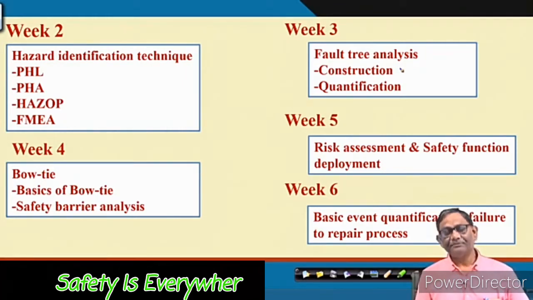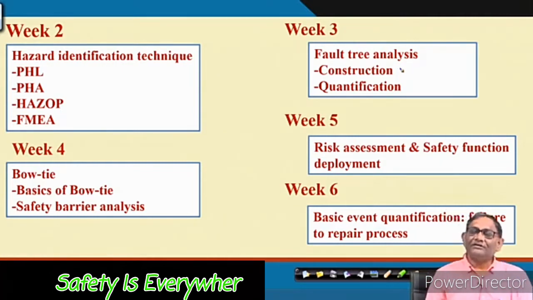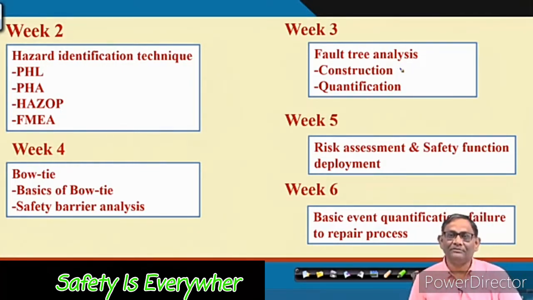We have given an example with reference to fatality risk, but that is not the ultimate. You have to compute risk from the basic definition point of view: a person is exposed to risk, or a property is exposed to risk, or an environment is exposed to risk. So, what is the value of that risk, you require to quantify.